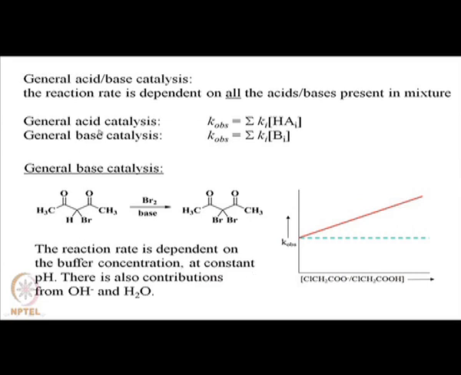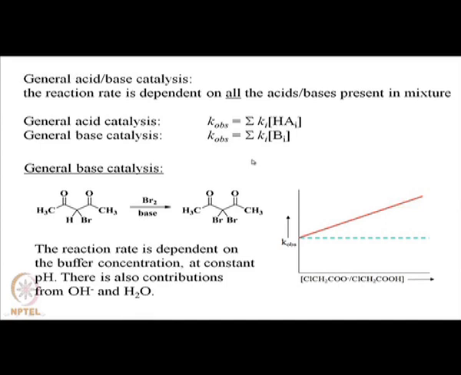So, for general acid catalysis, the contribution of all the HAs present, and for general base catalysis, the contribution from all the bases present in the mixture. So, the observed k is the contribution from your individual acids or individual bases.